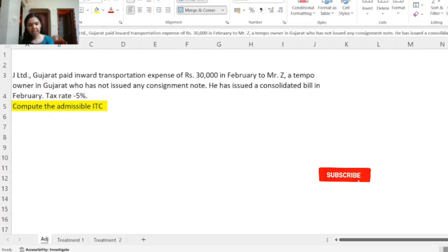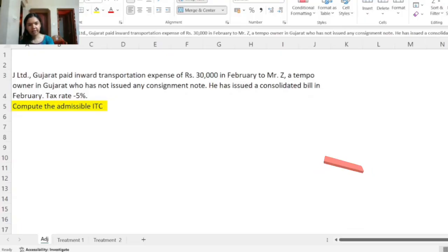So here's the case. J Limited from Gujarat paid inward transportation expenses of rupees 30,000 in February to Mr. Z, who is a tempo owner in Gujarat. Now the important point to note here is Mr. Z has not issued any consignment note. He has issued only a consolidated bill and the tax rate mentioned is 5%.